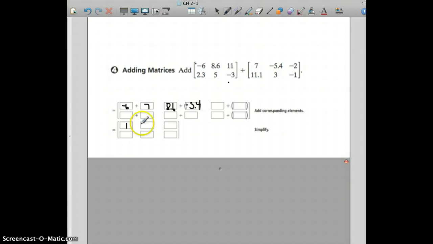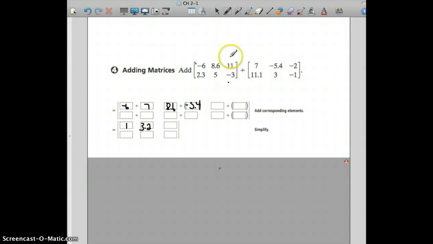The result is a positive 3.2, because 8.6 minus 5.4 is 3.2, and that is positive because the 8.6 is the larger of the two numbers.